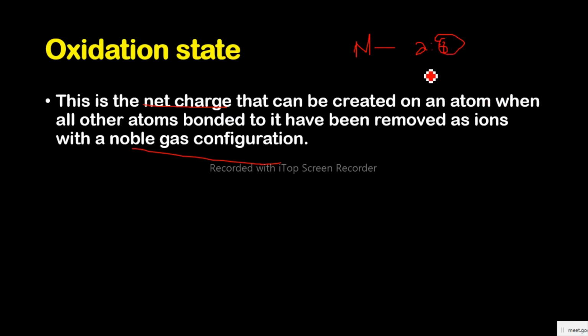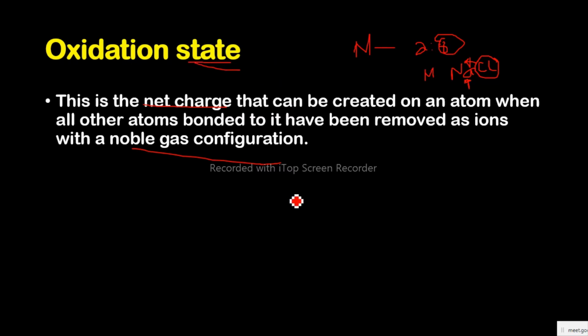Now, let's say the metal atom is sodium bonded to chlorine. If we take away the whole of these other ions that are bonded to it, what will be the net charge that will remain on this atom or on this ion? That net charge that remains is what we refer to as an oxidation state.